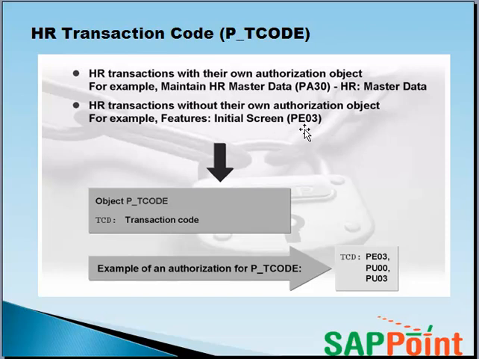So when you put any transaction code in a role, those transaction codes get into the authorization object S_TCODE, which is for start transaction code.